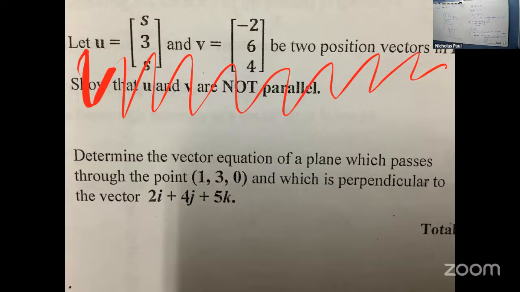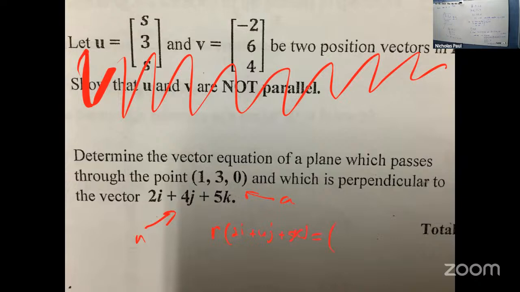Right, who do I pick? Jacob, what is A here? A is 1, 3, 0, 1. N is what? N is right here, right? So it's R dot N. So you can write it like this: R dot 2i plus 4j plus 5k.